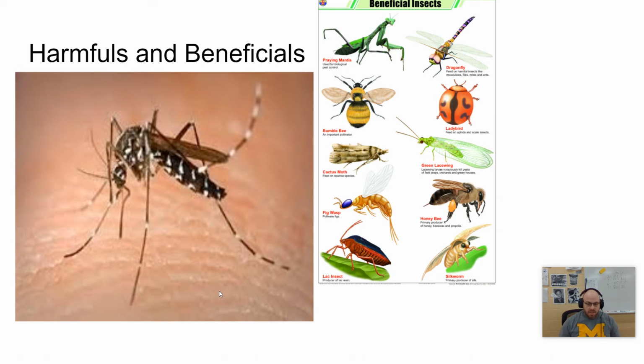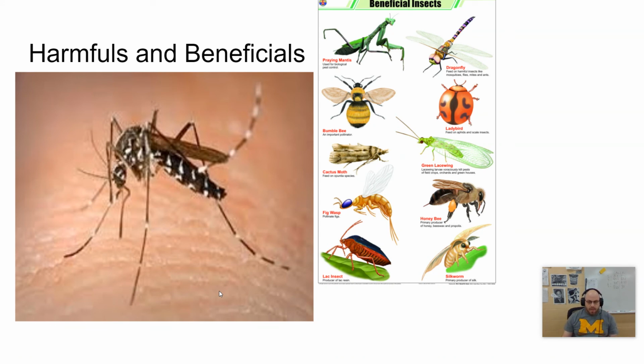Dragonflies are examples of that as well. Some wasps also can do that. And then harmful animals are typically ones that destroy crops or destroy living spaces or are pests like the mosquito there and spread disease.